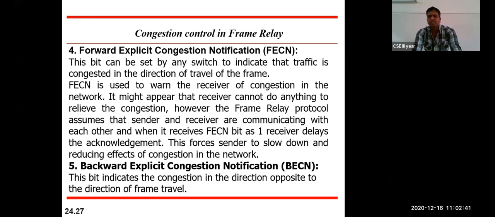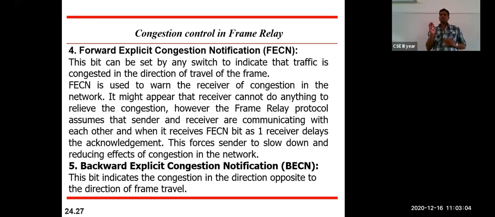Now, anyway, what is FECN? Forward explicit congestion notification. If this bit is set to 1 by any switch in between, any switch can set it to 1. When will it set it to 1? If it finds that there is congestion at it, it will make this FECN bit 1 and send the frame as it is. It will not change anything else.